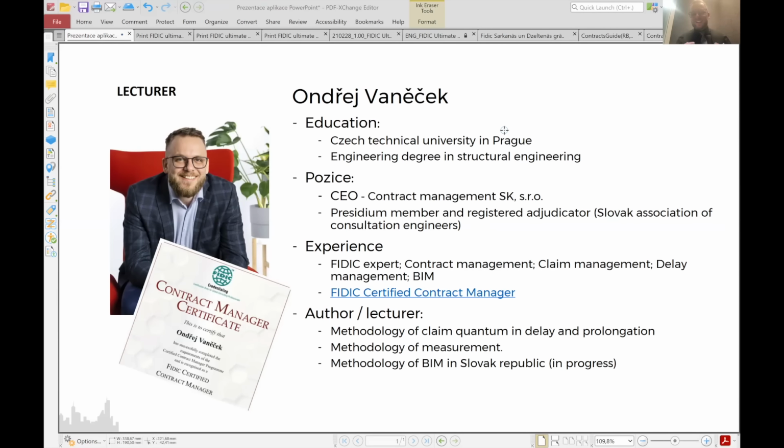But the reason why I actually said that I'm at arbitration is I wanted to say that because it's one of the reasons why I actually created the diagram. The diagram is supposed to be a tool to understand each other. It's supposed to be a tool that we should be using on our construction projects to understand our procedures, to understand our mechanisms and what are we doing on the projects.